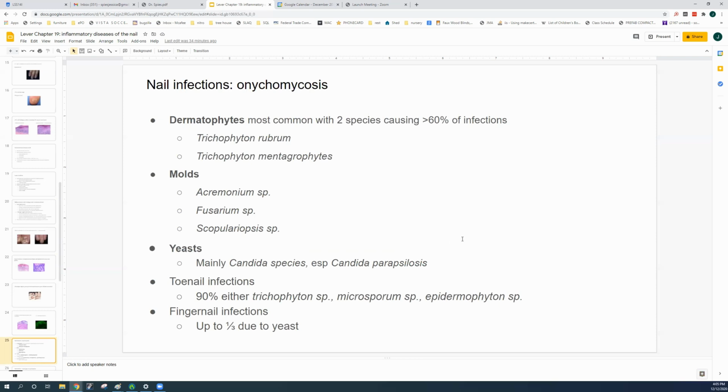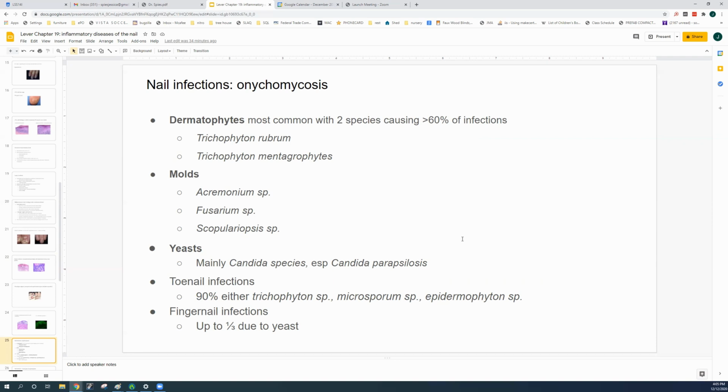Next, I wanted to talk about nail infections, starting with onychomycosis. Dermatophytes are the most common cause of onychomycosis, with 2 species causing over half of the infections, Trichophyton rubrum and Trichophyton mentagrophytes. I'm not sure how to say that.